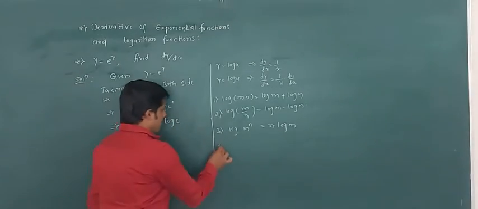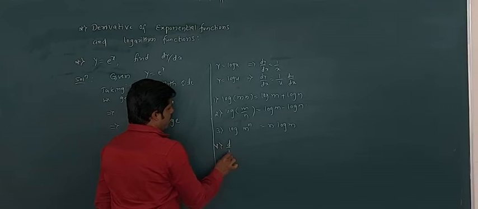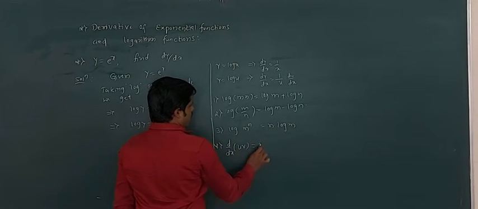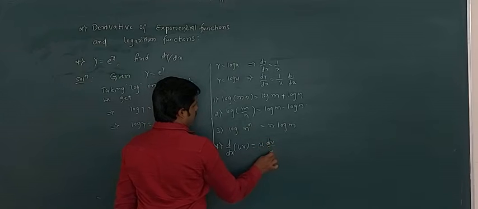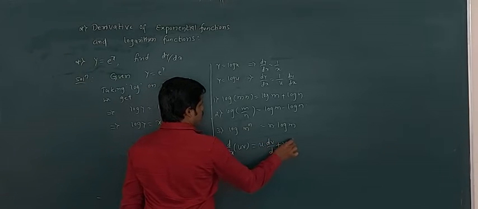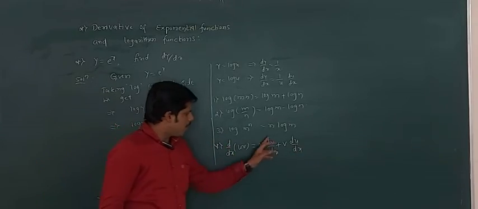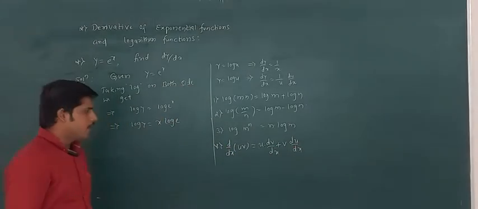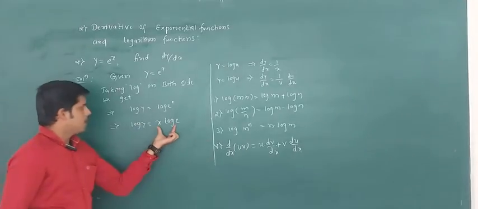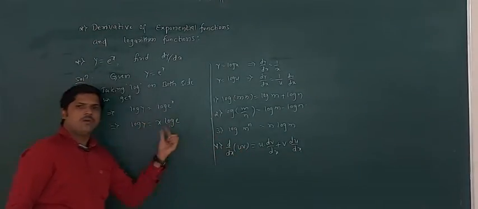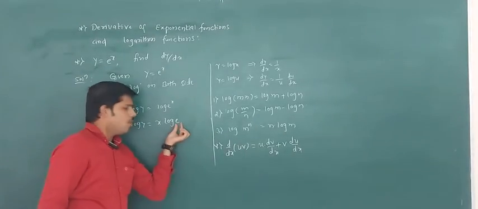And also we know the product rule for derivatives: d by dx of u into v is equal to first function constant, derivative of second function, plus second function constant, derivative of first function, that is u into dv by dx plus v into du by dx. Now comparing these two, in place of u we have x, and in place of v we have log e.